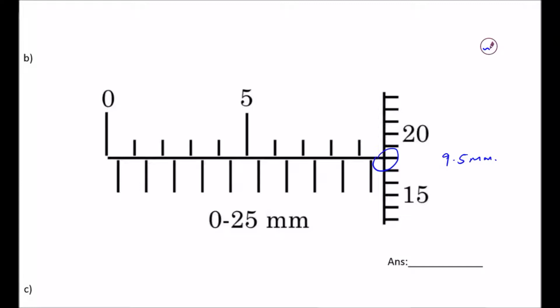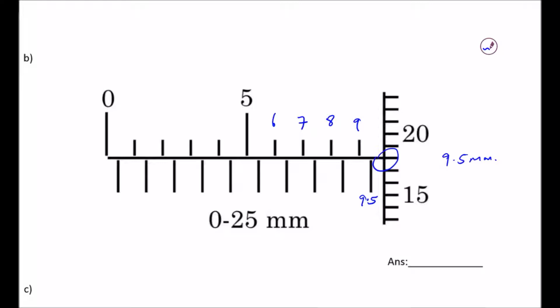Let's label it first. This is 6, 7, 8, and 9. This is 9.5. So this point just passes 9.5 mm, and the next division that's coming up is 10. So we know that the measurement is somewhere between 9.5 mm and 10 mm.